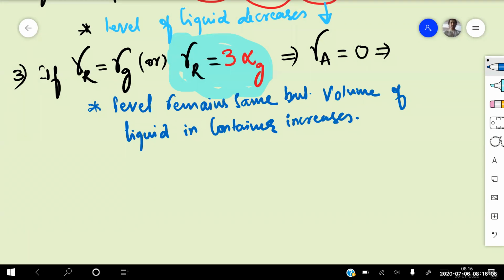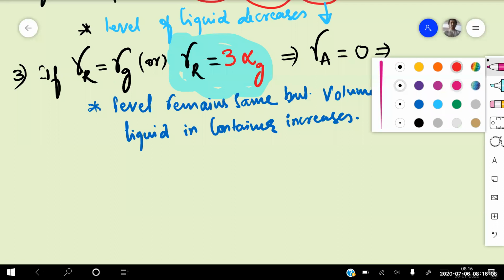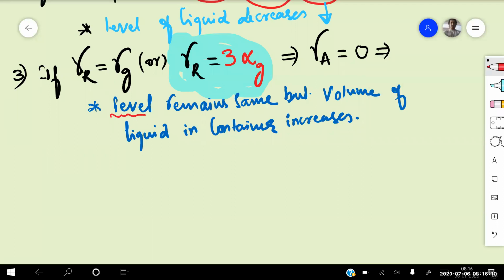Okay, so this is also a very important point you need to remember for the examination. The level of your liquid remains the same, but the volume of your liquid in the container will be increasing.